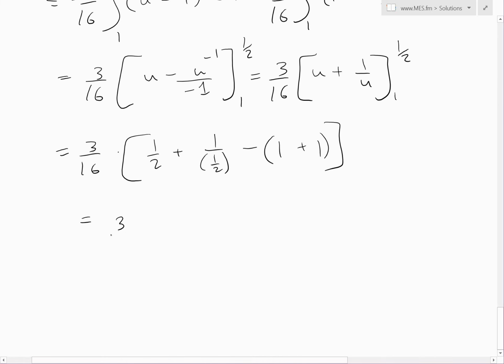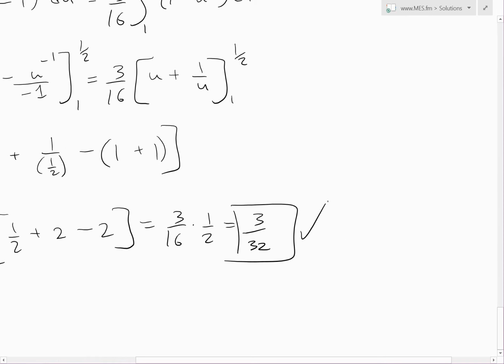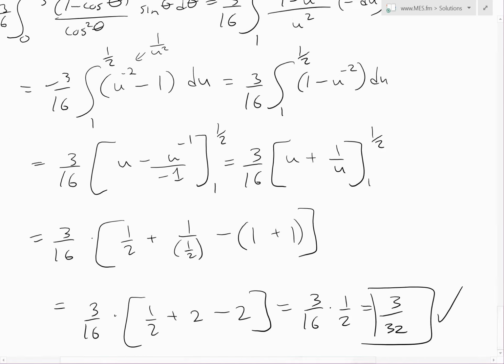So overall we get 3 over 16 times 1/2 plus 2, minus this adds up to 2. So the 2's cancel, and we're left with 3/16 times 1/2. These multiply, so 3/32. And that is our answer.